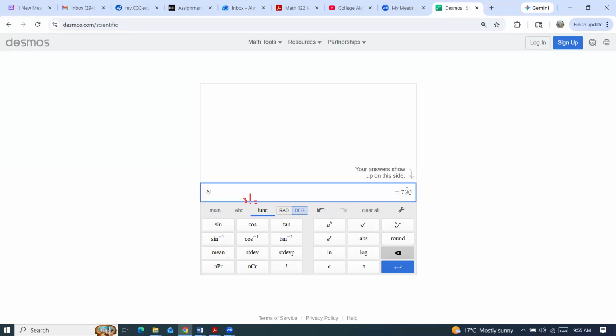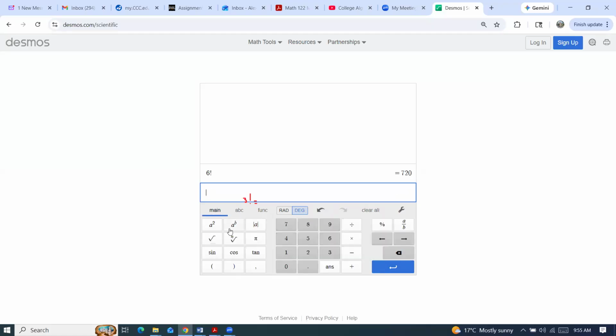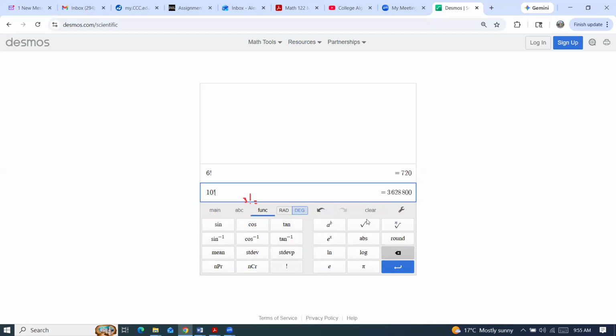Or you probably by this time already multiplied the numbers, but that will usually take a while if you get bigger numbers. Let's say you take 10 factorial, so if I get functions and then factorial, it's already more than 3 million. Factorials increase very fast.